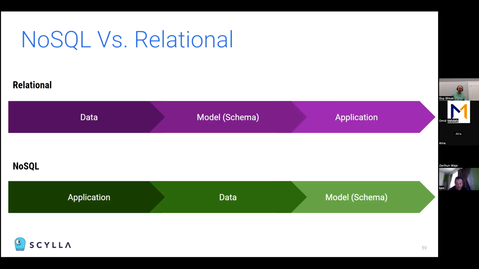Okay, so first of all, we think about what our queries would be, and then we think about our data, and then we create the model according to that. So that takes a bit of a switch and getting used to that.